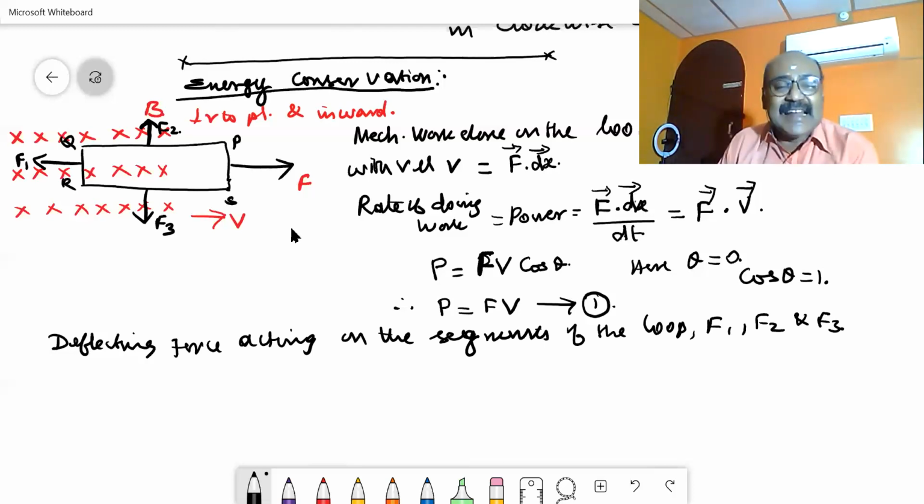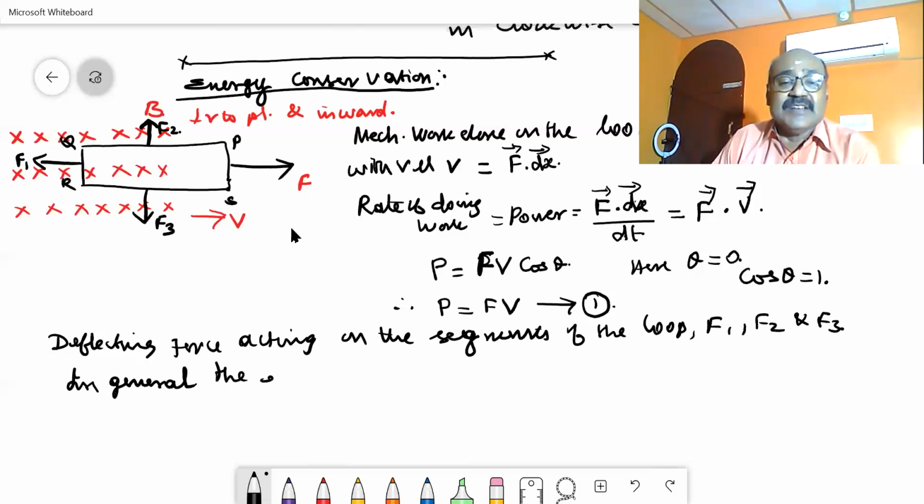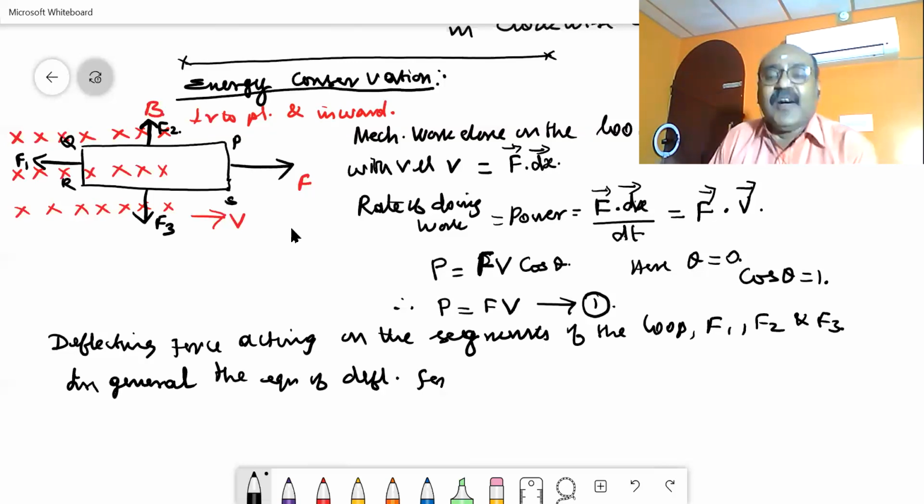So what is the general equation of deflecting force? In the third lesson you might have studied the equation of deflecting force. That is the force acting on a current carrying conductor placed inside a uniform magnetic field. That force we are calling the deflecting force.